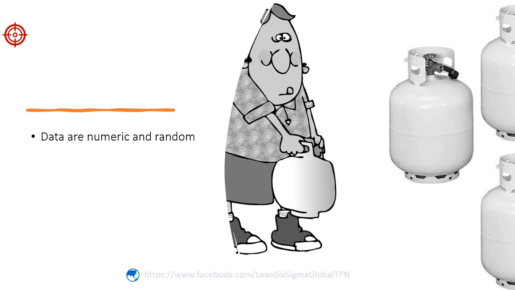The result will be a sample that is not representative of the entire population of propane tanks. Biased data do not reflect the entire population, and so conclusions based on these data may be misleading.